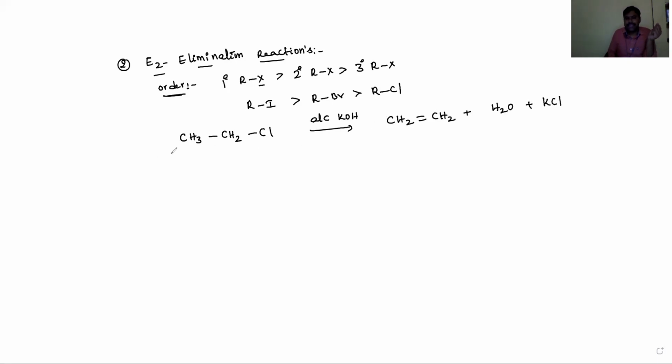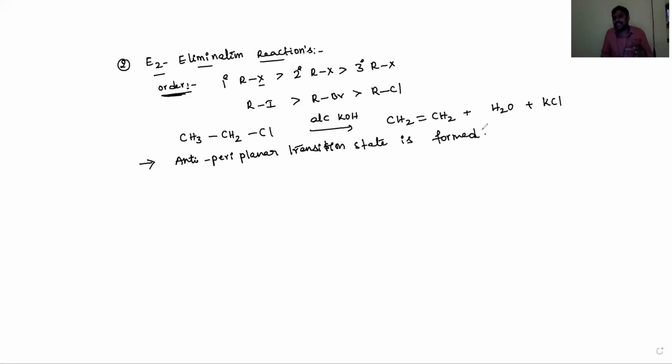Okay, dear students, in this reaction, both eliminating groups, hydrogen and halogen, exist in an anti-periplanar position, and an anti-periplanar transition state is formed.